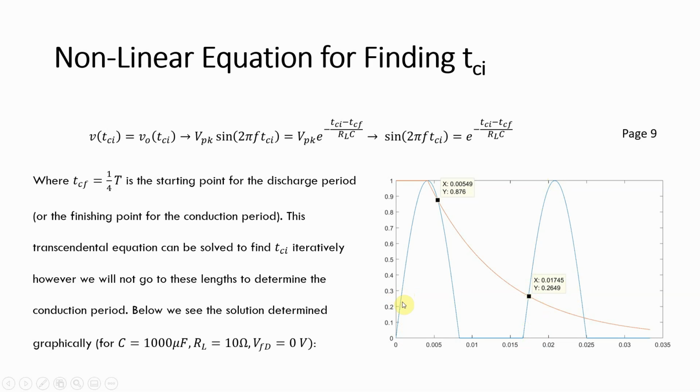So here we would have another one, and then again another one a period after this. This is for a half wave rectifier.